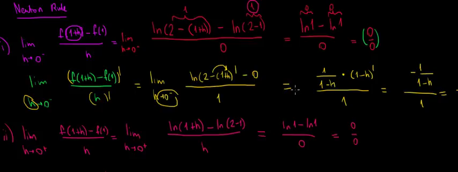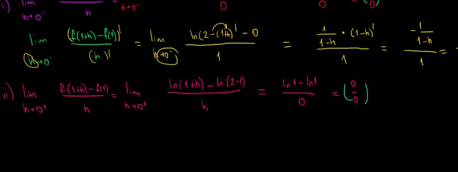So let's take it in brackets and let's L'Hopital it, which means that now we're having limit as h approaches 0 from the positive side, and here we have f of 1 plus h minus f of 1 divided by h, and we're taking the derivative of each side.